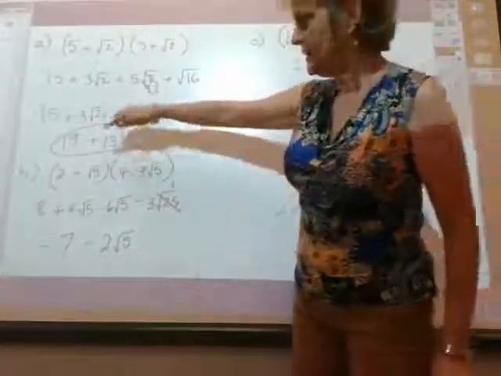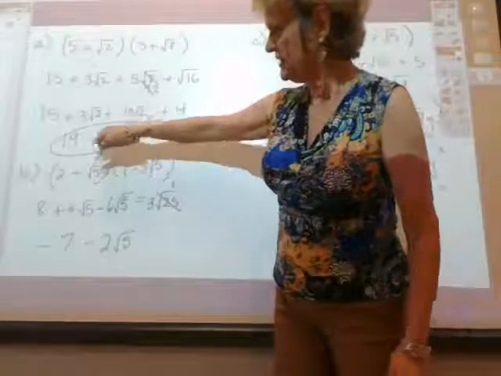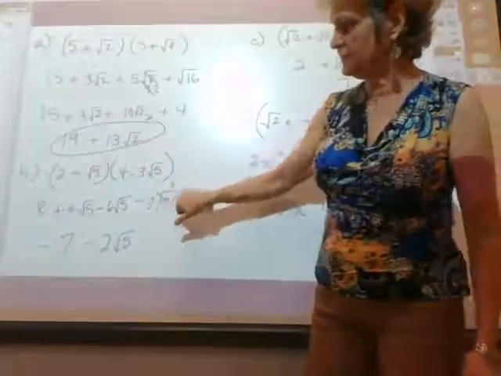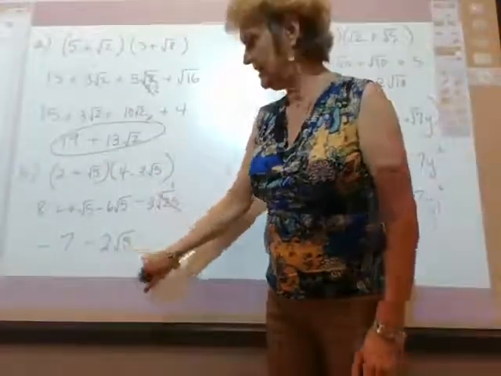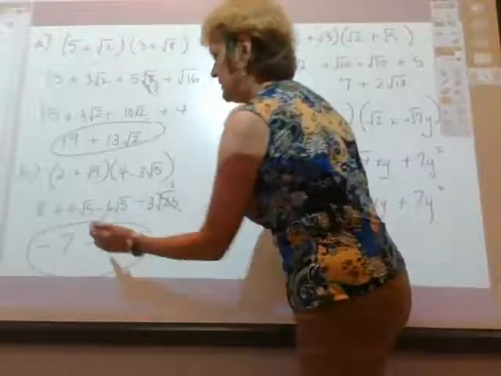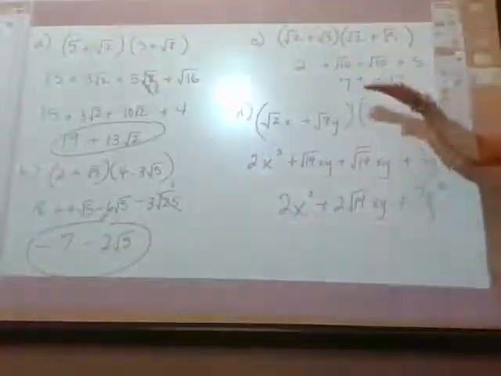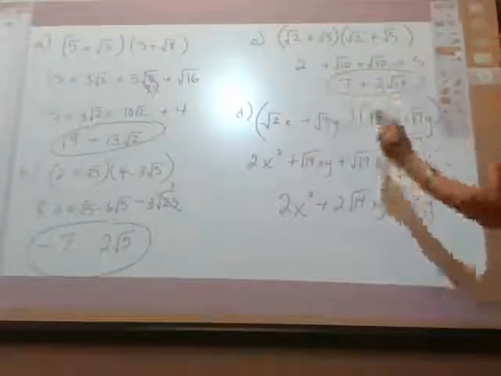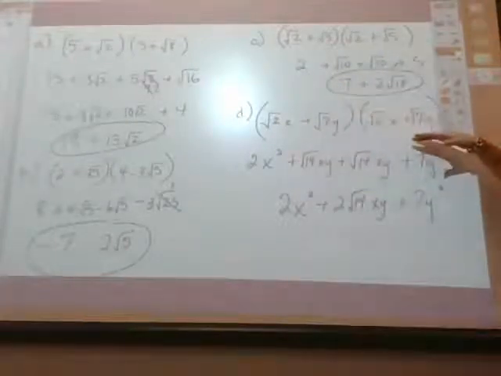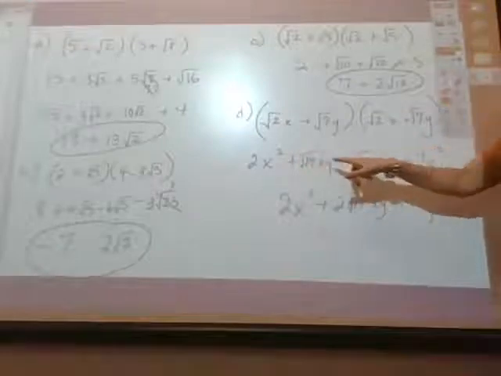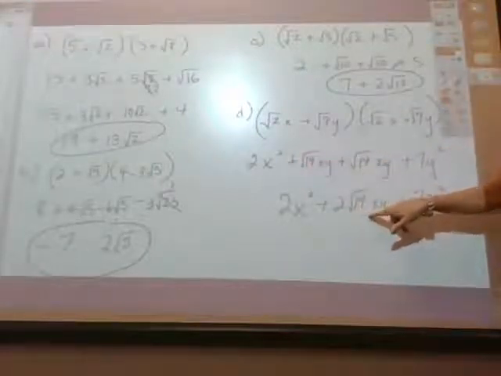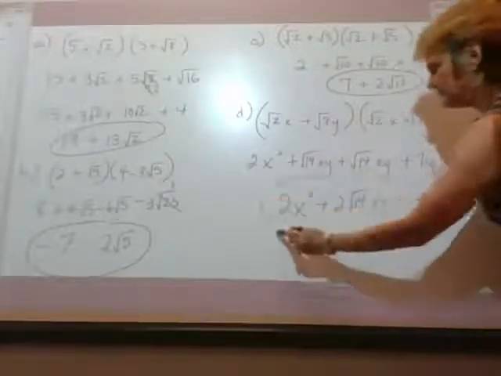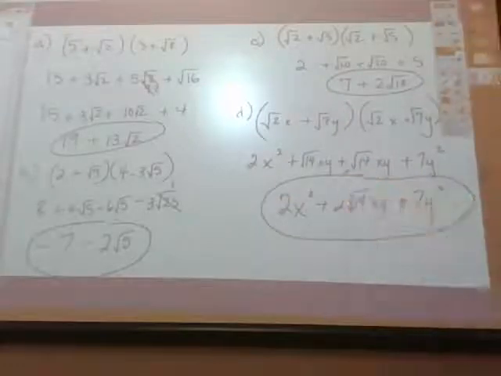All right, so right here, as you see, my last term is going to be 15, and this is my final for B. For C, you can see my FOIL here, combining like terms. And my FOIL here, notice I have 2 of these, therefore 2 radical 14 xy. And there we have it.